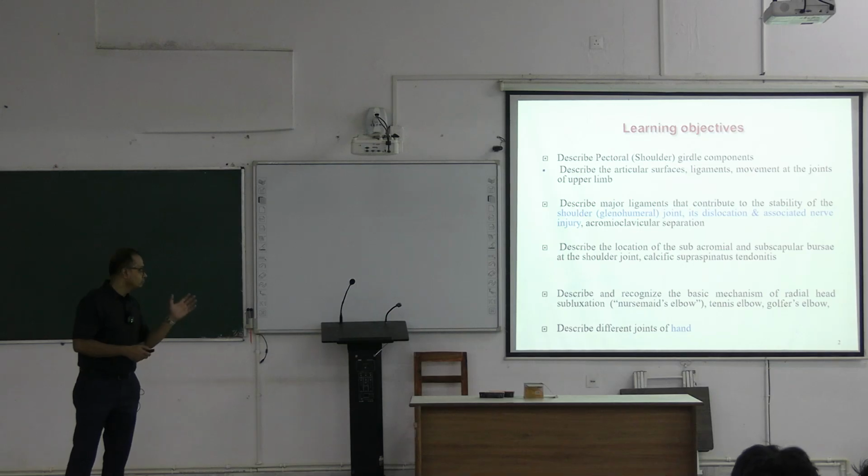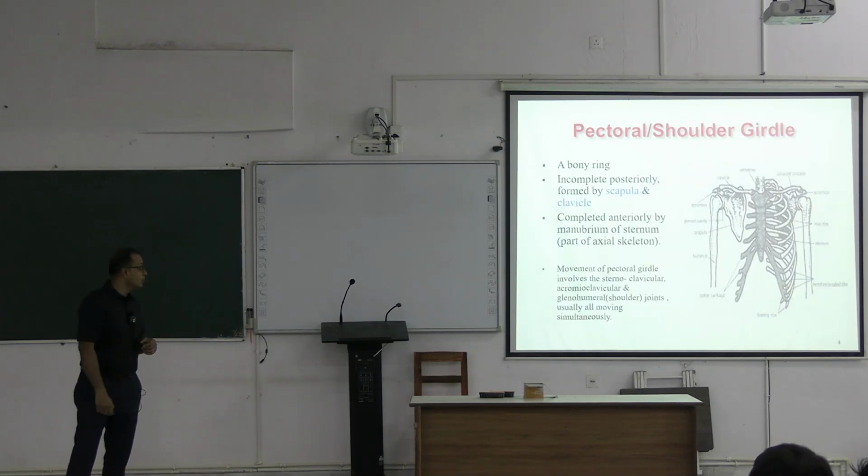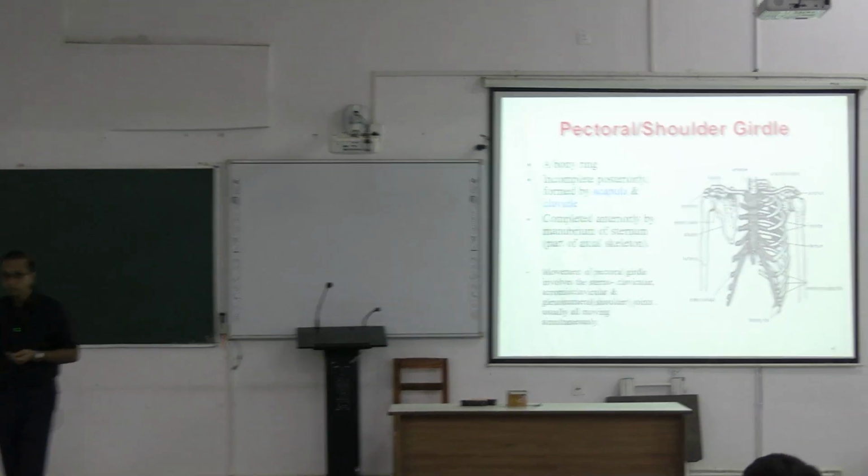Other joints like the elbow joint or wrist joint will be taken subsequently in some other classes as well. So, what we are going to talk about today is the pectoral girdle.